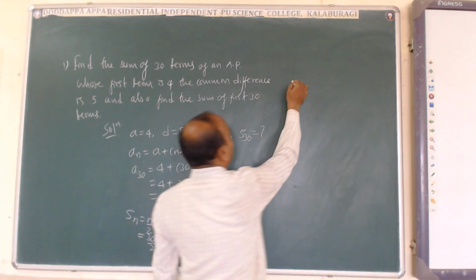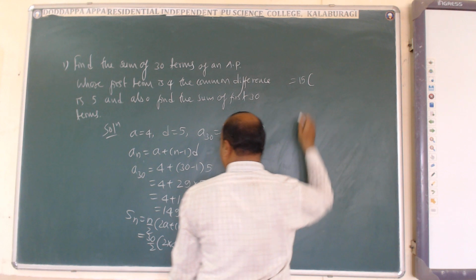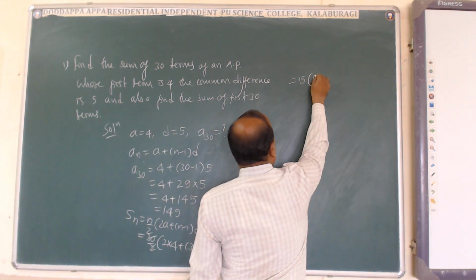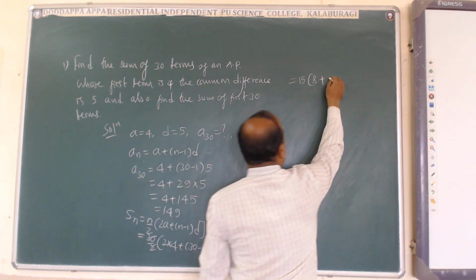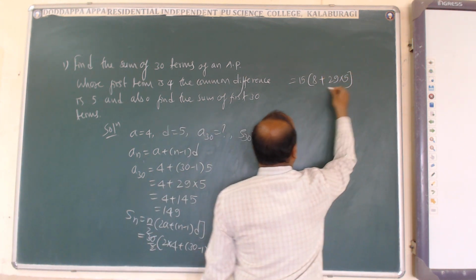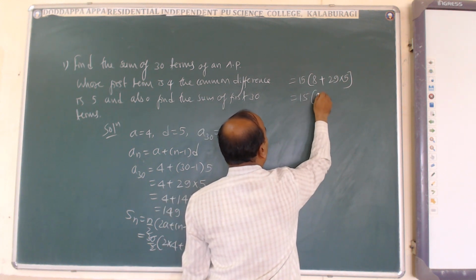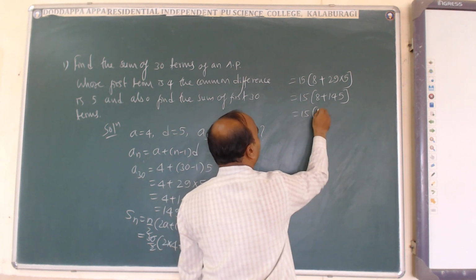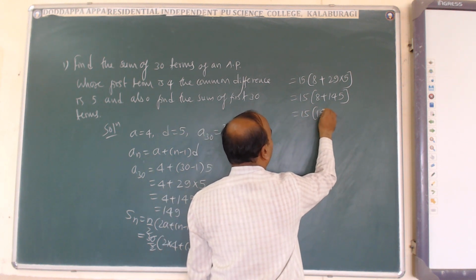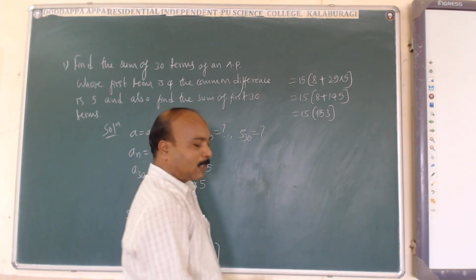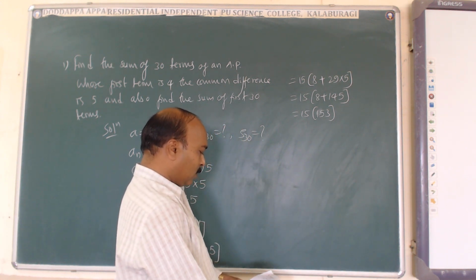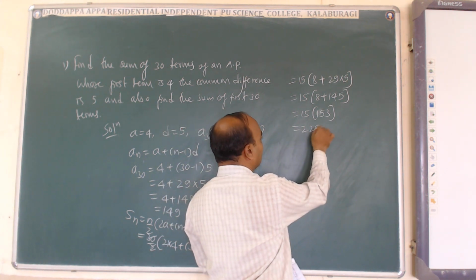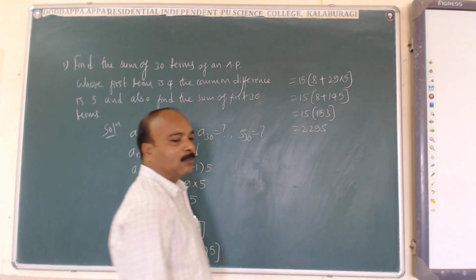Now 30 by 2 is 15, which gives 15 into 8 plus 29 into 5, that is 15 into 8 plus 145. 15 into 8 plus 145 is 153 into 15, so it is 2295. So it is the answer to this question.